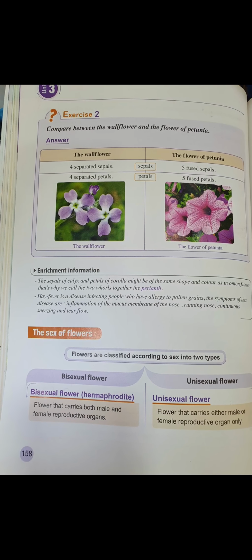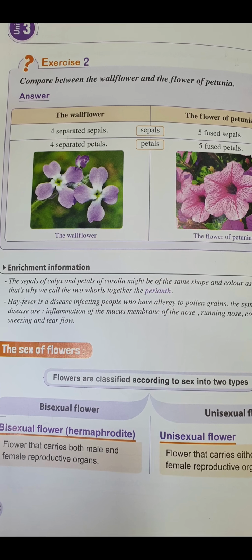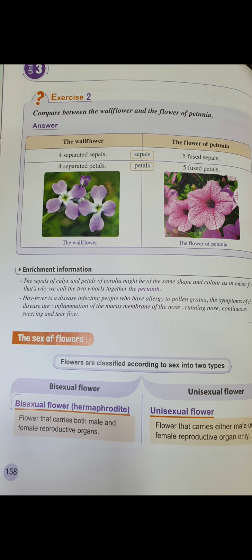The sex of the flower. We can say that flowers can be divided into 2 types: unisexual flower and bisexual flower. The bisexual flower is called hermaphrodite flower, and most of the flowers are bisexual.